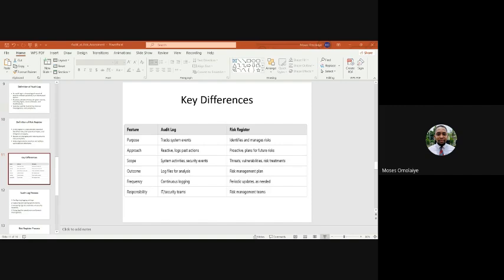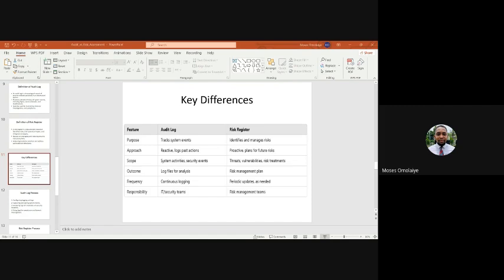From that risk assessment, you know what controls to put in place. And then after your implementation, you now do an audit. What does the audit do? The audit is to check how resilient our information security posture is after implementation.